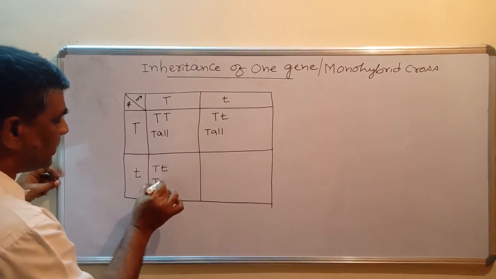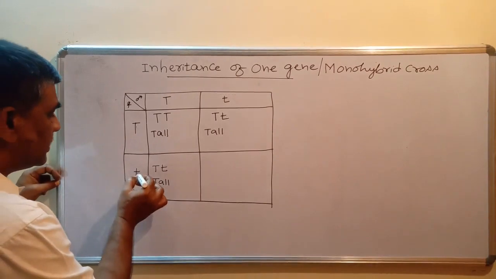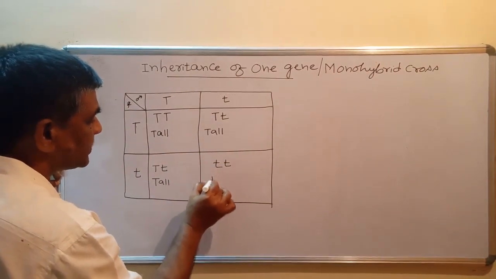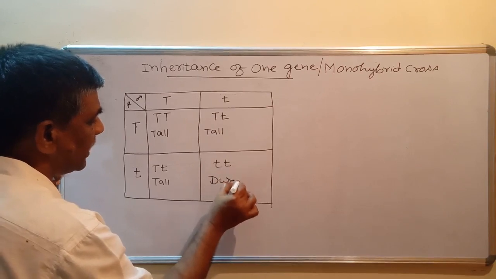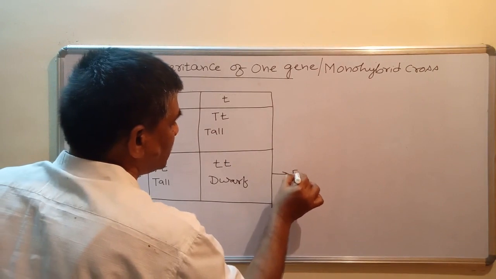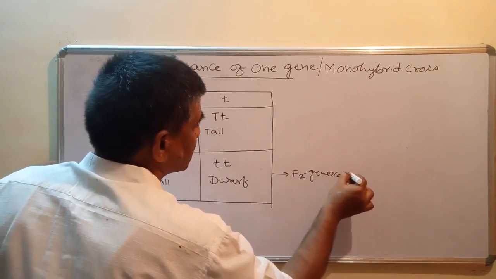This is also tall, but this is hybrid tall. And this small t, small t, this plant is a dwarf plant. So this generation is called the F2 generation. These are called F2 generation plants.